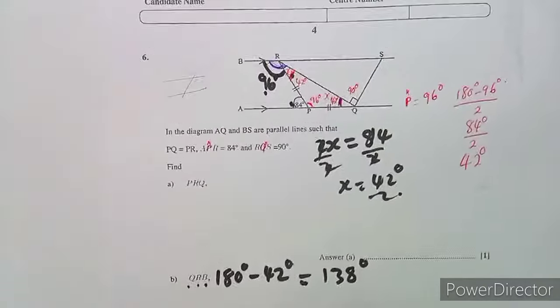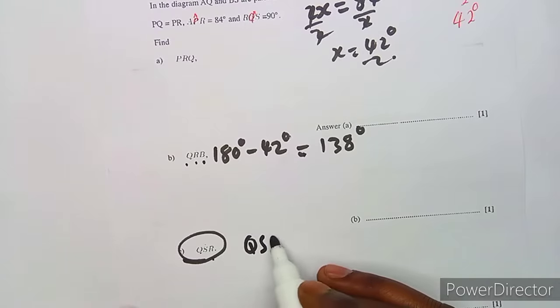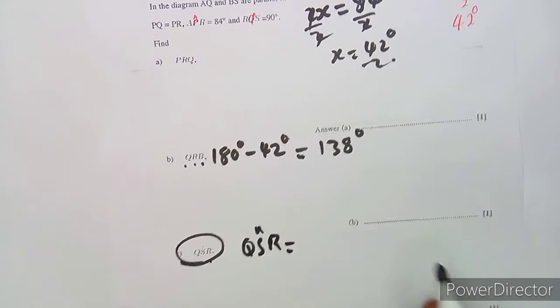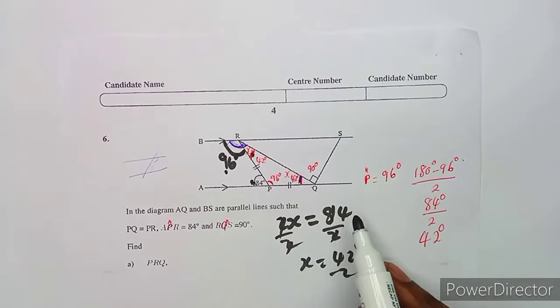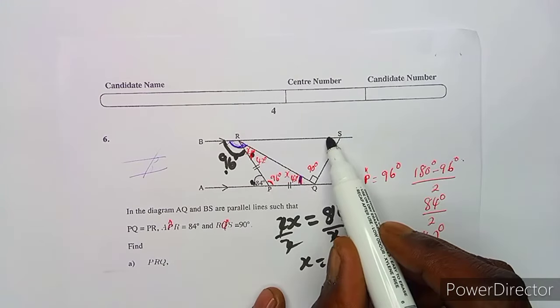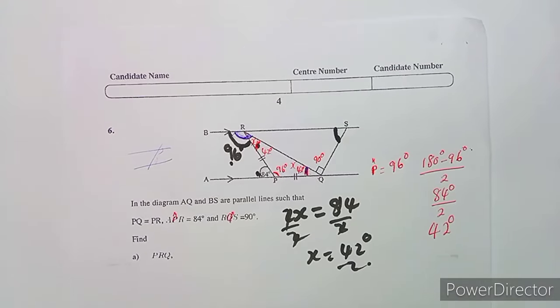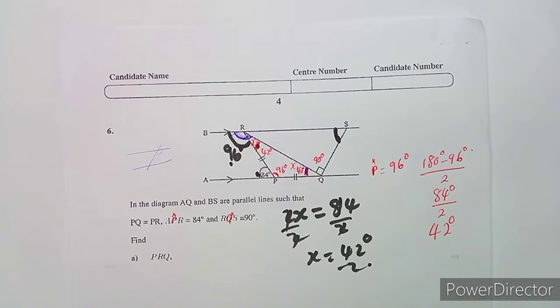QSR, okay, this is QSR. Let's see where we have our QSR. This angle here is the one that you want to calculate. So how can we have this angle QSR? There are so many ways again that we can use here.